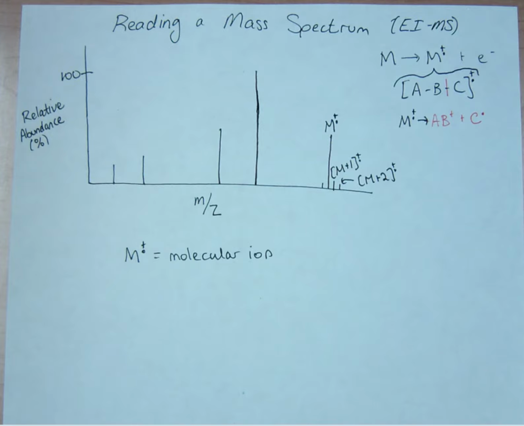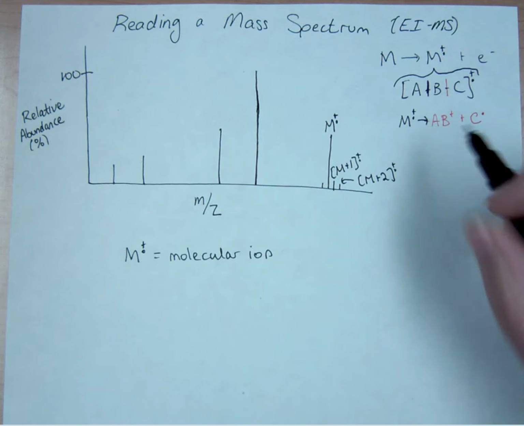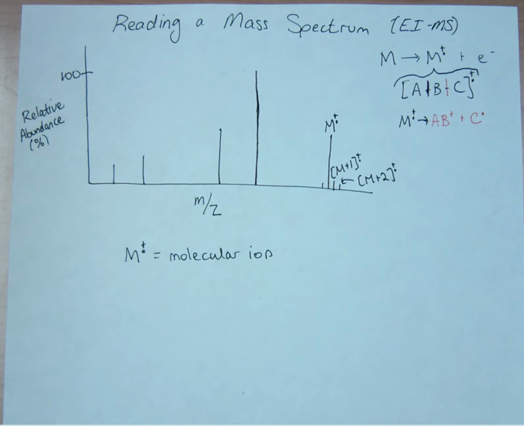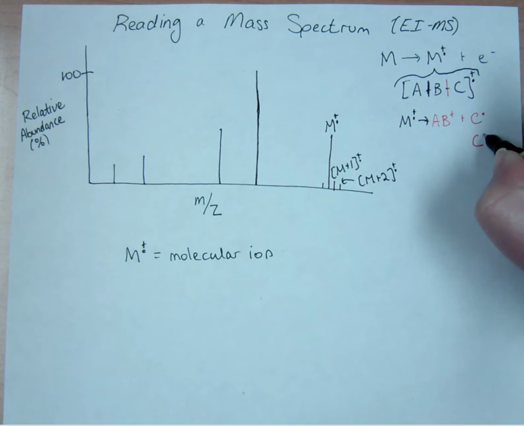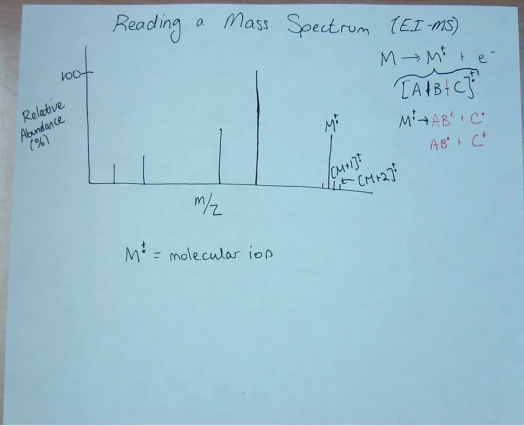And perhaps we're going to instead break it here. Oh, and I suppose if we broke it at this AB versus C, we could also have just the C with the charge and the AB with the dot. So that could be another option.